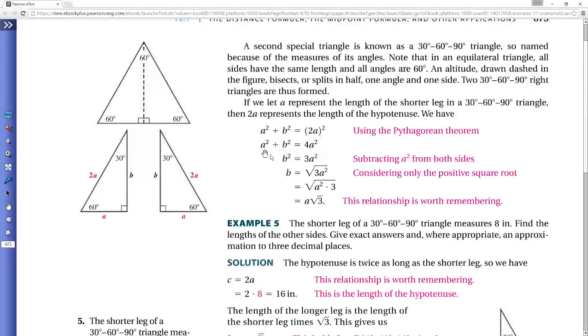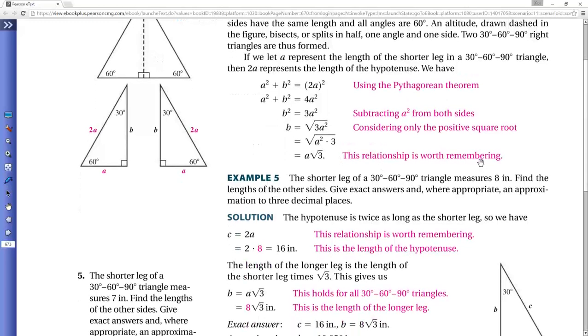They perform that squaring and you get A squared plus B squared equals 4A squared. They add a negative A squared to both sides, and end up with B squared equals 3A squared. They take the square root, you get B equals the square root of 3A squared. You can simplify that radical to be A times the square root of 3.